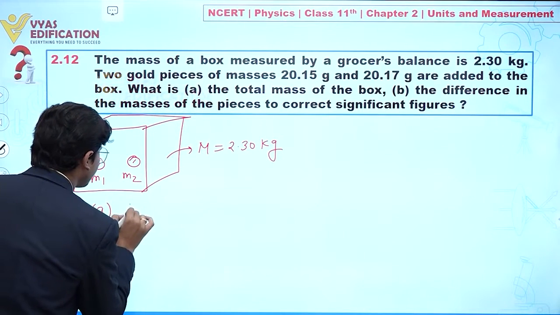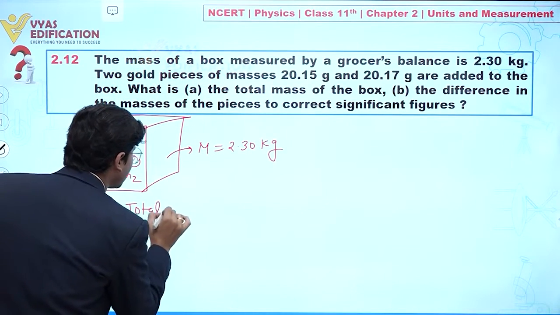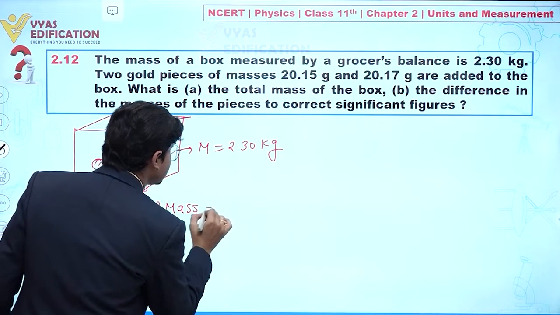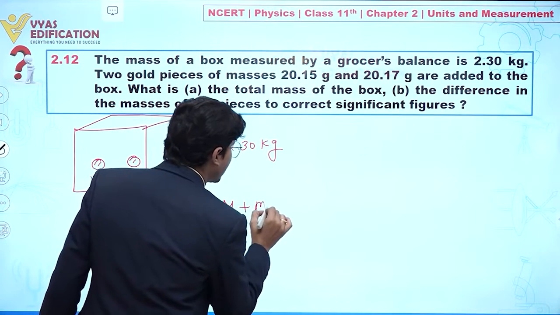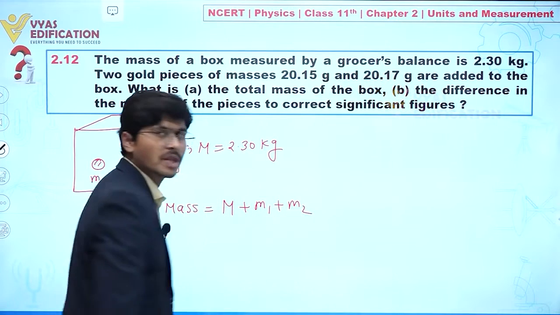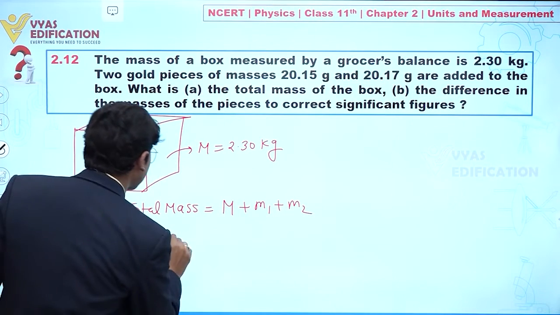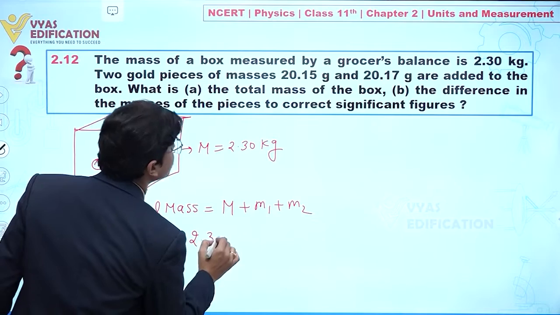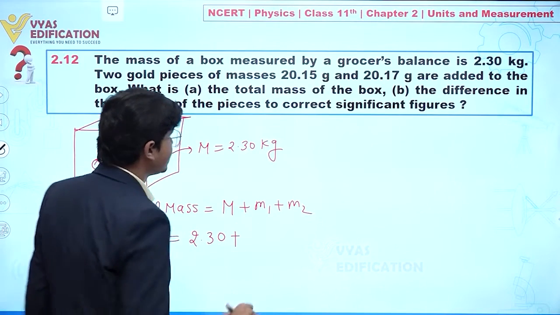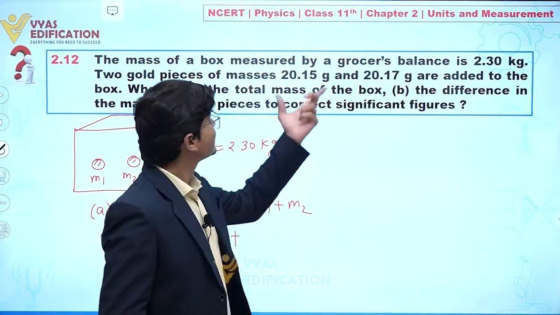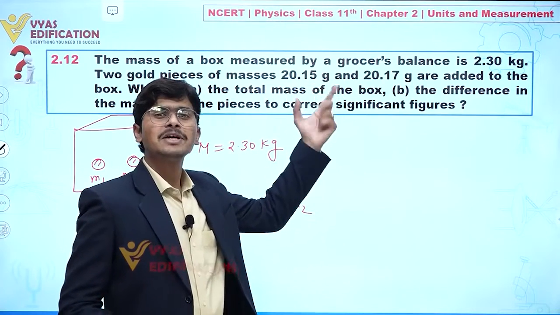So total mass is given by capital M plus M1 plus M2. Capital M is given as 2.30 kilogram, plus. Now we first have to convert these masses from gram into kilogram.